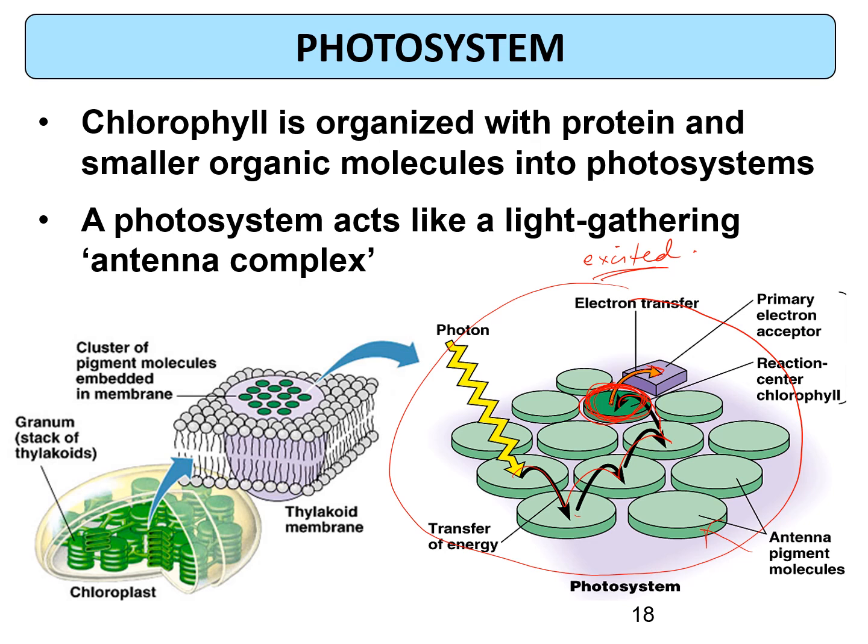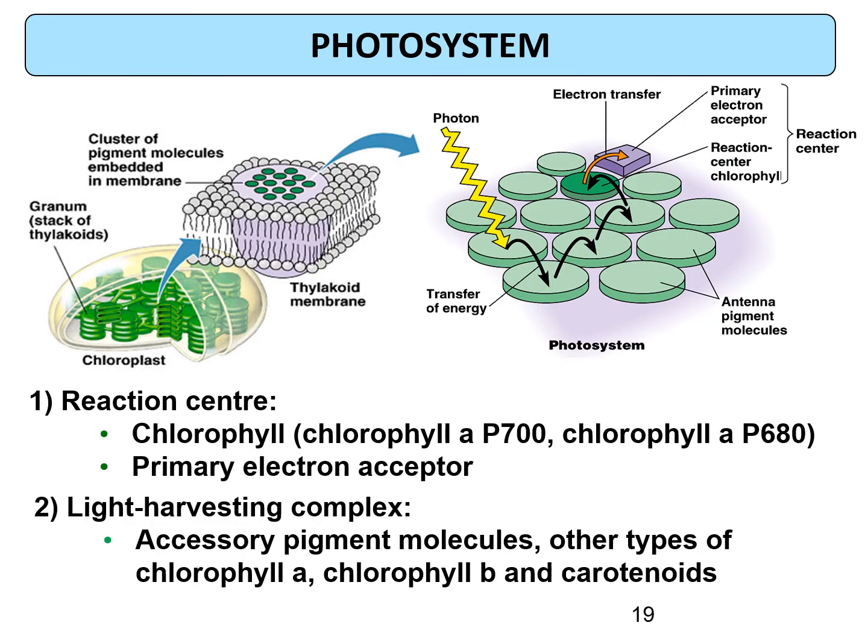Reaction center is the chlorophyll, which passes electrons to the primary electron acceptor, while the antenna pigment molecules are the accessory, or known as light harvesting complex, which involve other types of chlorophyll A other than P700 and P680 lah, including chlorophyll B and also carotenoids.